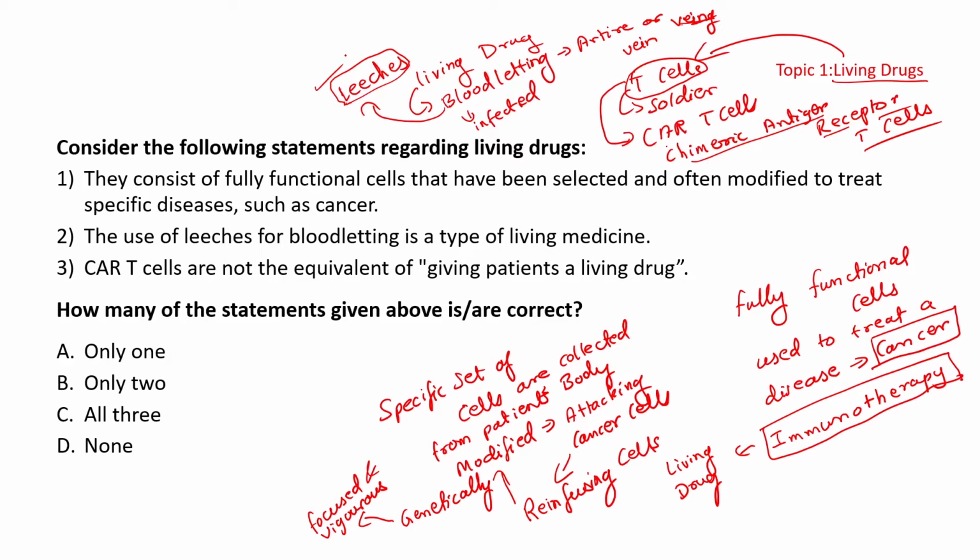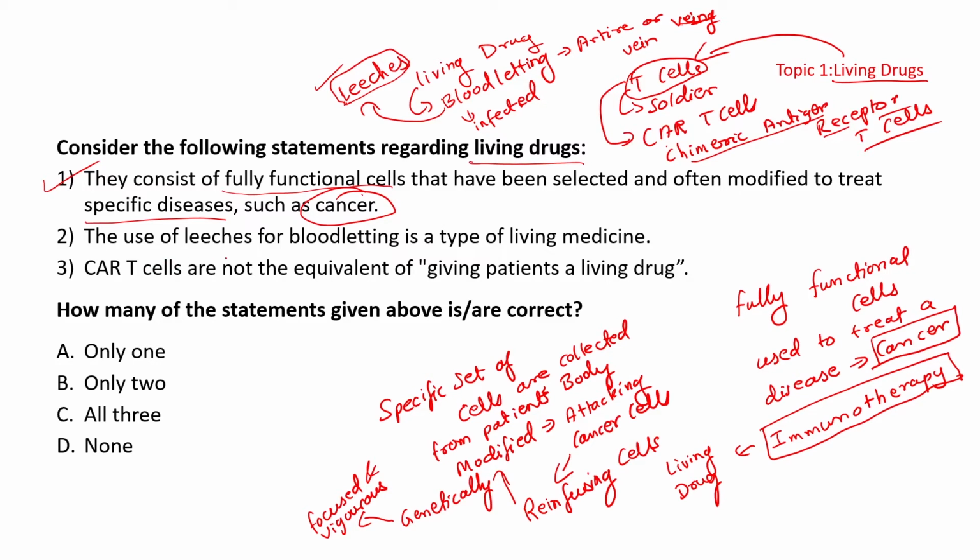Now let us consider the question provided to us. Consider the following statements regarding living drugs. They consist of fully functional cells that have been selected and often modified to treat specific diseases such as cancer. Absolutely correct. Also, what I have said is, it is not exclusively cancer, but most of the research is towards cancer. The first statement is correct.